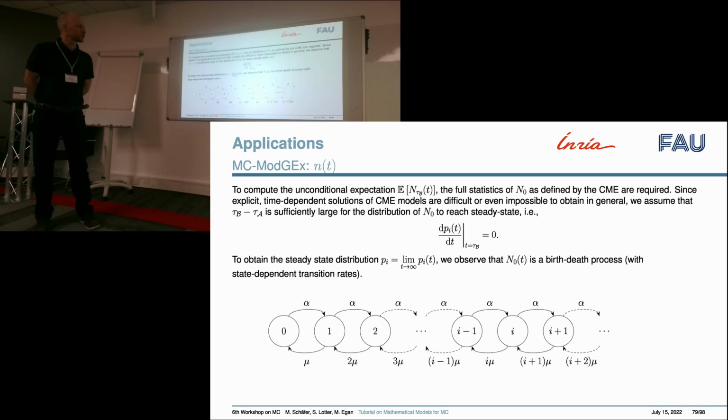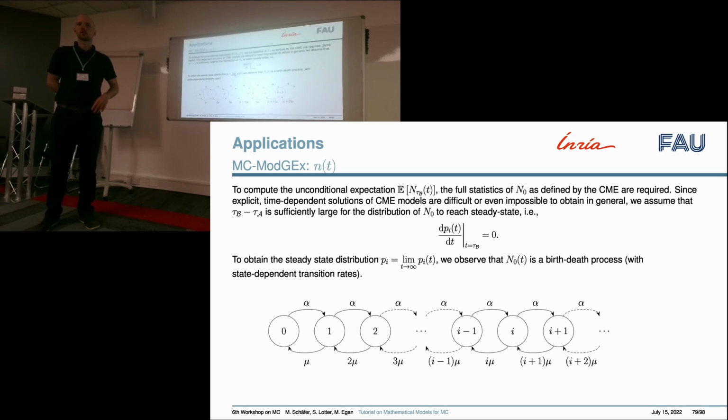Then we actually need the full statistics of this process in order to get the mean value of our observed signal even. So what we could do, we could consider our chemical reaction network as some sort of birth-death process, right?